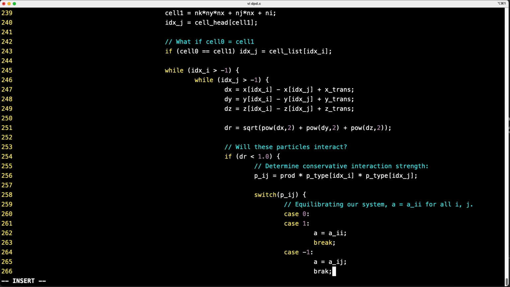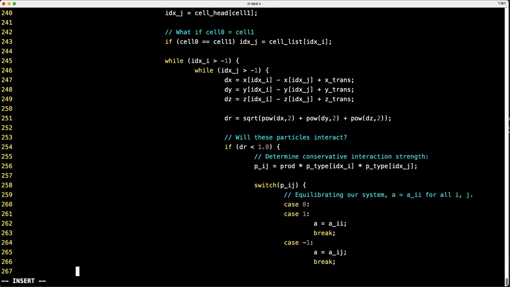And there's no other values possible the way we've written the code. So I could, if I wanted to be safe, put something here and I could say, hey, the particle types don't make sense and exit the simulation, something like that. You're welcome to, but I just don't see the value in it. Remember, we're trying to make our code as fast and efficient as possible. So let's close the switch, and now we've got the strength of the conservative force.